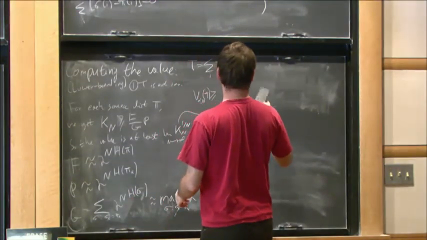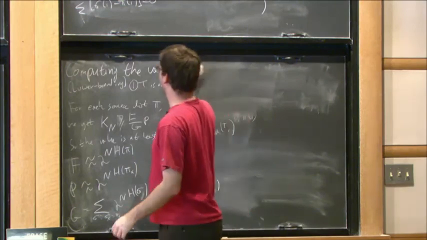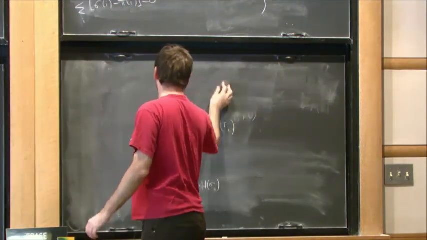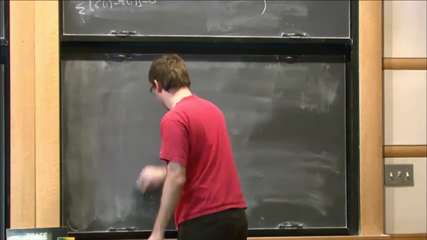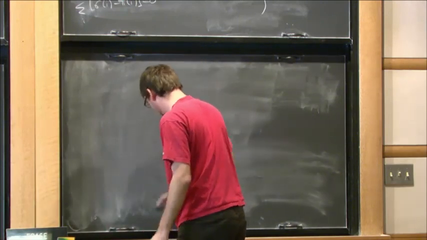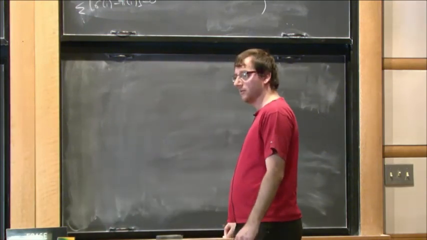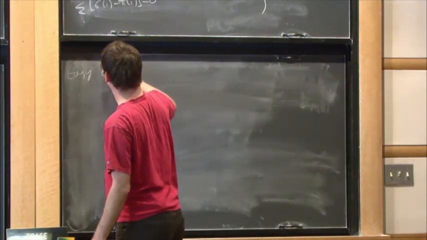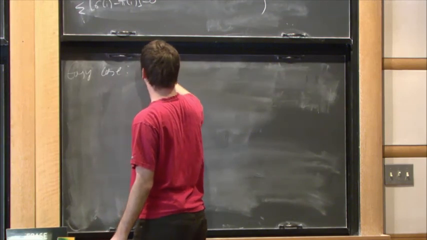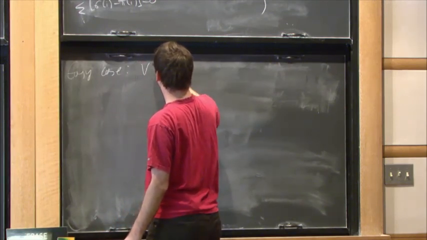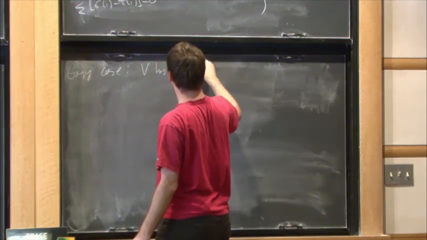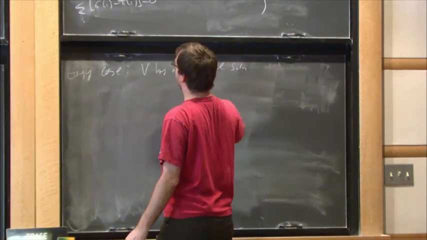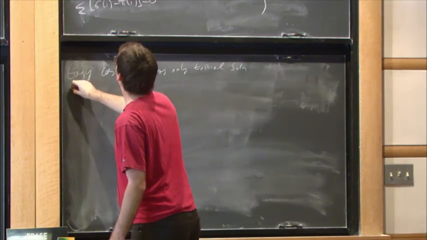And now the easy case is when V doesn't have any non-trivial solutions. So easy case: V has only trivial solutions. Then we have an actual formula for the value of the tensor.